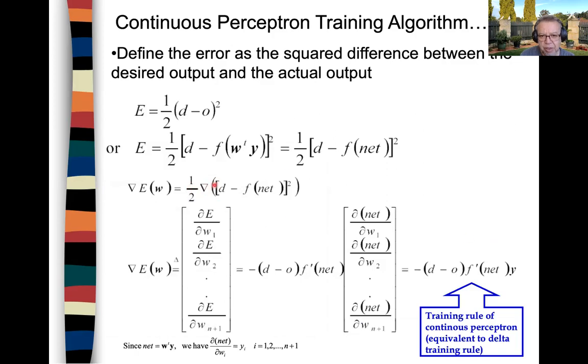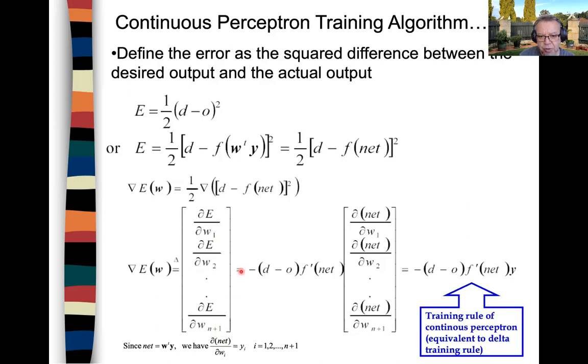So if we replace our error by 1/2 of (d minus f(net)) squared, and we take the gradient, by definition this is the partial derivative of the error function with respect to the first weight, the partial derivative with respect to the second weight, and so on, up to n+1, because the dimension of our weight vector goes from W1 to Wn+1, where Wn+1 is the threshold.